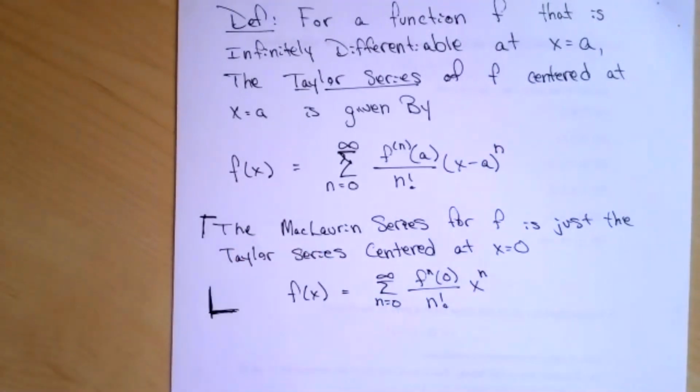So Maclaurin series, Taylor series, essentially the same thing. It's just that if we say the word Maclaurin series, it automatically means it's centered at 0.